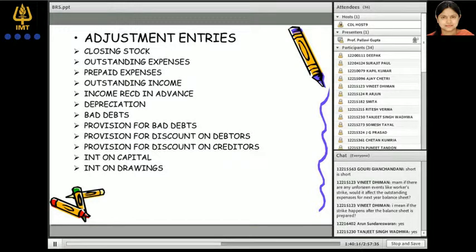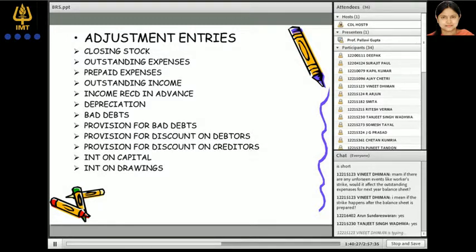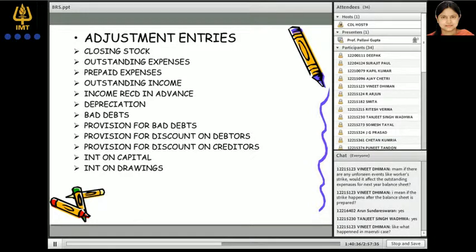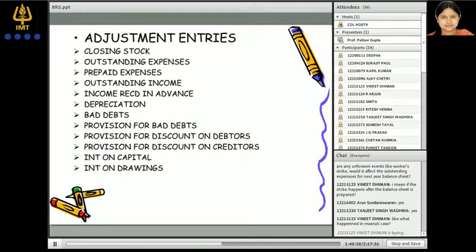But if it has happened before the finalization of the balance sheet, then such events should be notified in the director's report. You cannot make a provision for them. And anyways, in case of strike, you cannot make any provision.